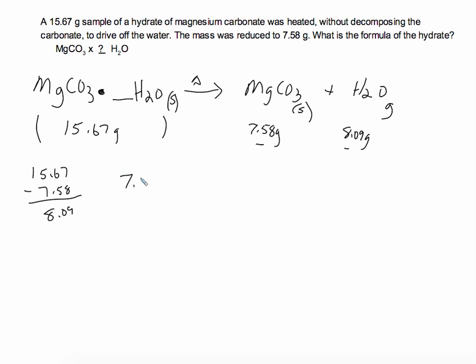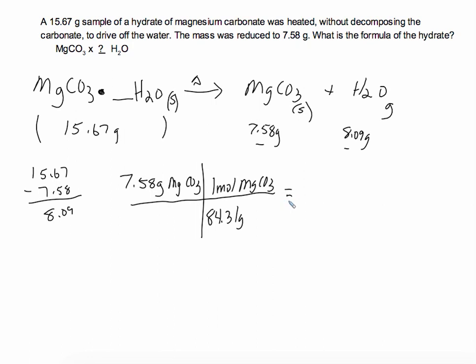Now just change both of these to moles and find the simplest whole number ratio. So magnesium carbonate is 7.58 grams. For magnesium carbonate, you do the molar mass, 1 mole MgCO3. And that is 84.31 is the molar mass, I believe. And if you do that math, you get roughly 0.0900 moles of MgCO3.